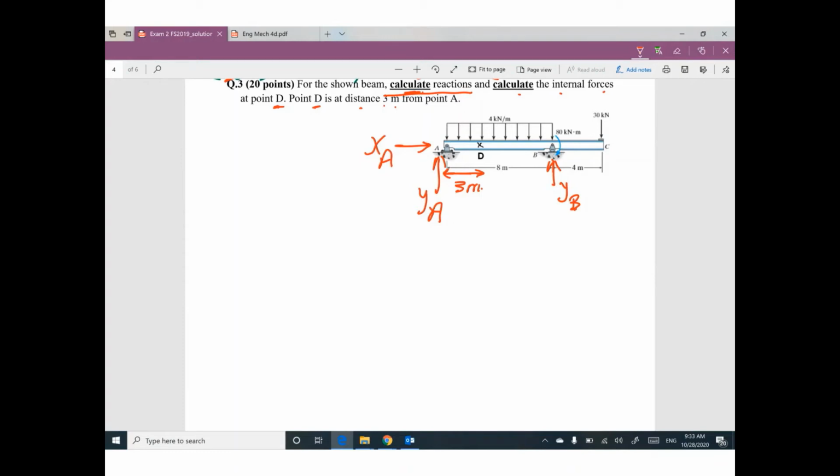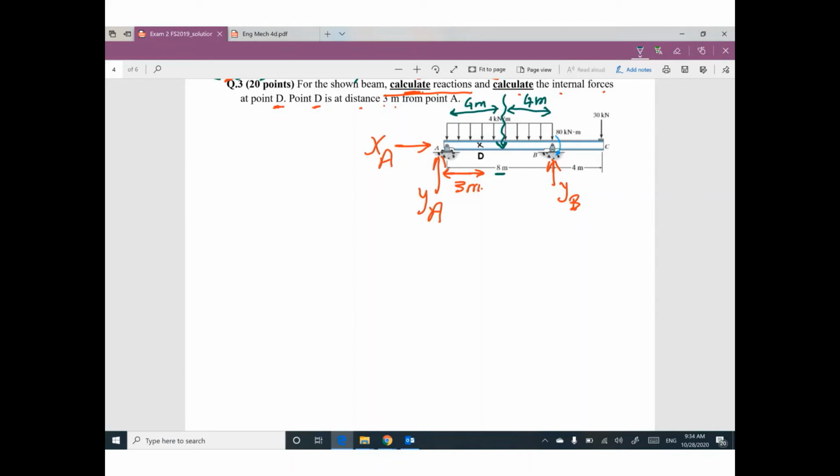Guys, if you have uniform distributed load, you have to make it equivalent. This equivalent force is at mid distance. So this distance and this distance are equal. How much? 4 meters from this side and 4 meters from the other side, half the distance of 8.